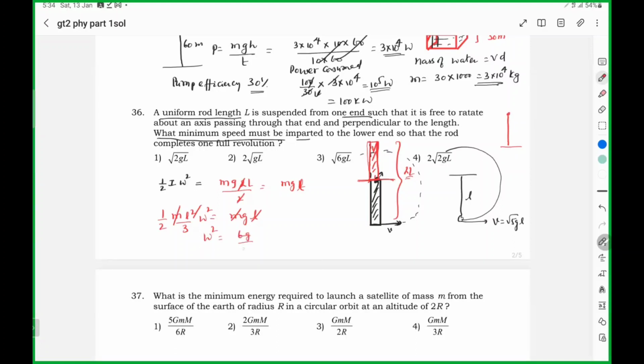Omega square is 6g by L, so omega will be root of 6g by L. V here is L omega. The velocity that must be imparted to complete the vertical circle is root of 6gL.